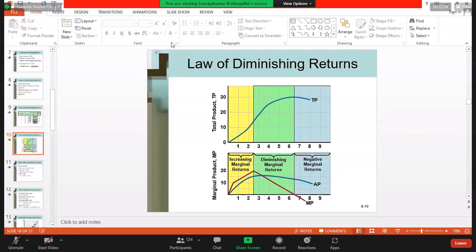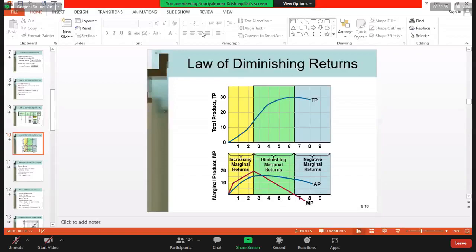Here, on the cost curve graph, the horizontal axis is output and the vertical axis is cost. For the total production, the horizontal axis is input and the vertical axis is production. So you should not confuse them.